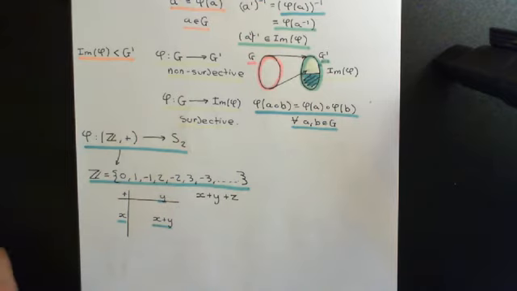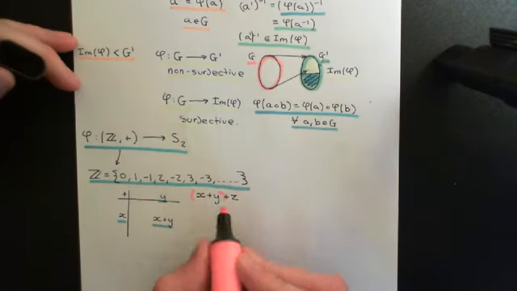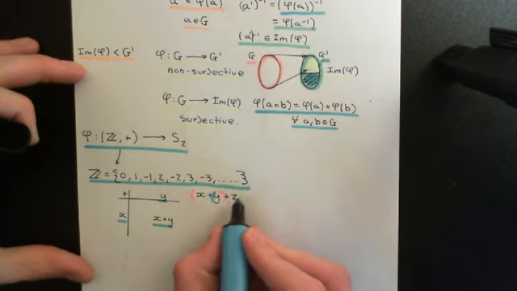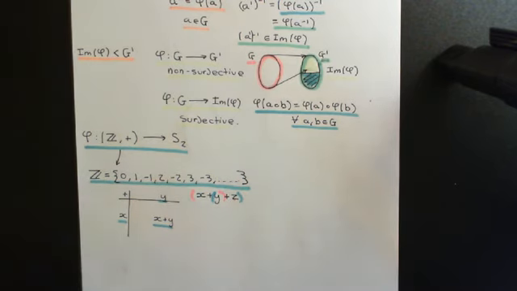You can either put them around x plus y and do x plus y first and then take the answer and add it to z, or you can put the brackets around y plus z and firstly add y and z together and then take x and add it to the answer of that. It does not matter, the answer is the same. So it does obey associativity. It has an identity element which is 0. 0 will add to anything to just give that anything back again. And we have inverses, so for any element there is another element which will add to it to give the identity element 0.